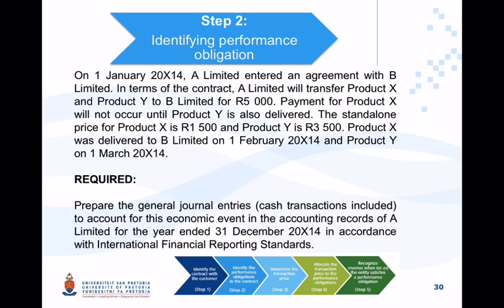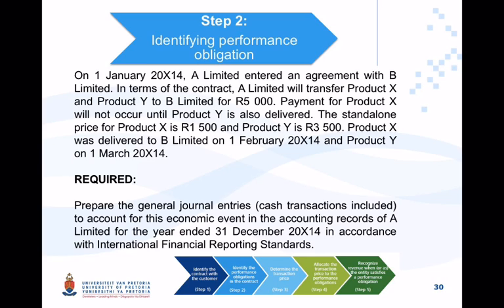If we look at an example now of identifying the performance obligation and the subsequent satisfaction thereof, consider the following. A Limited transfers two products, product X and product Y, to B Limited for 5,000 Rand. So you need to consider, are these distinct goods or a series of distinct goods? In this case, it appears as if they may be distinct goods.